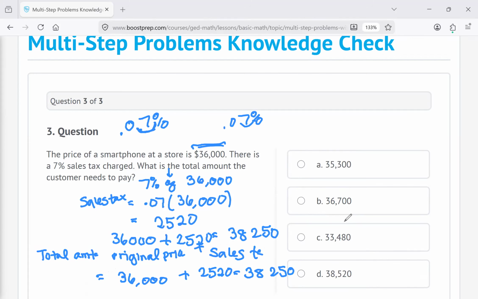Did I do this right? I don't see my answer. 38,050. Oh, I must have done, it should have been 5 to 0. My bad. Let me get my calculator.